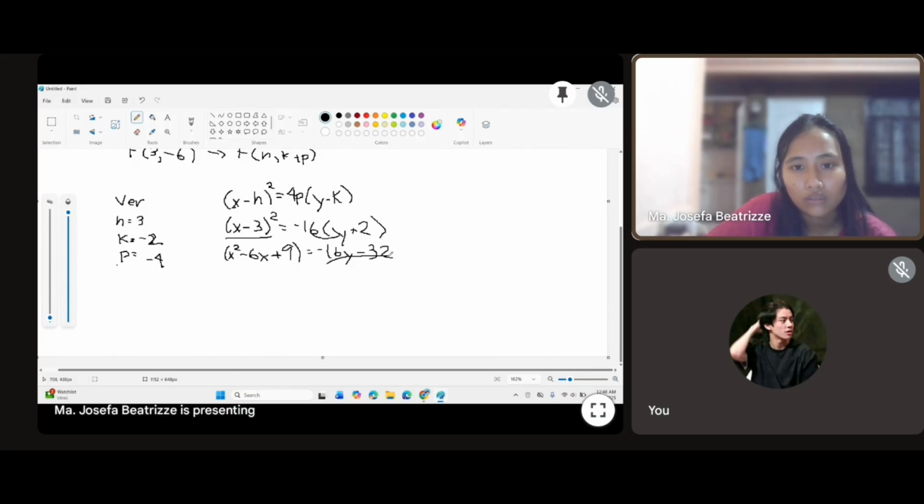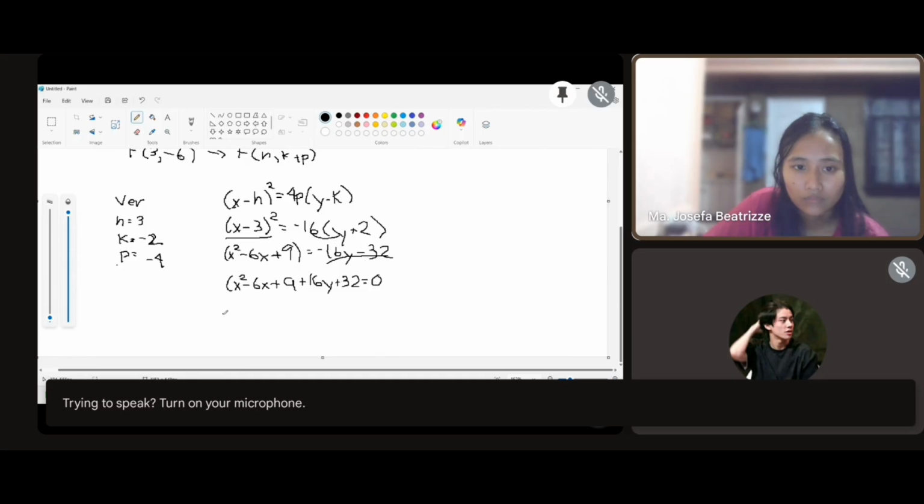So now let's try to bring this on our left hand side. So let's just copy down x squared minus 6x plus 9, then plus 16y. So we'll change the sign since we transferred them. So plus 16y and plus 32 equals 0.